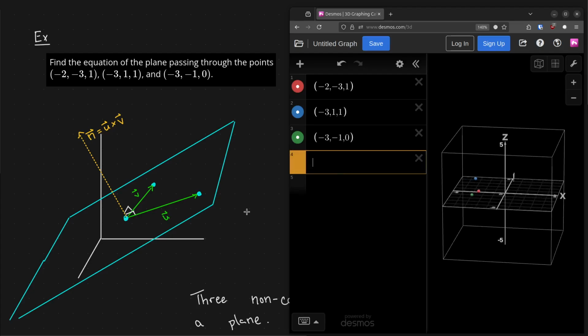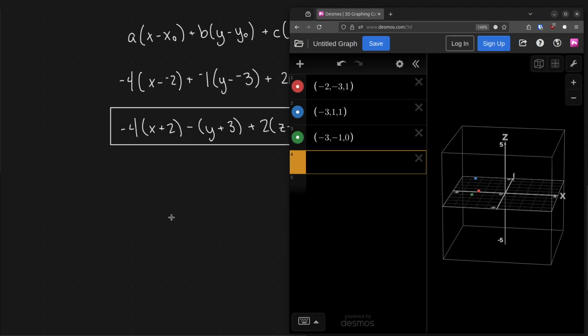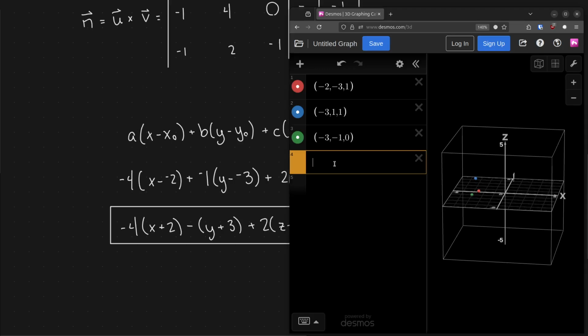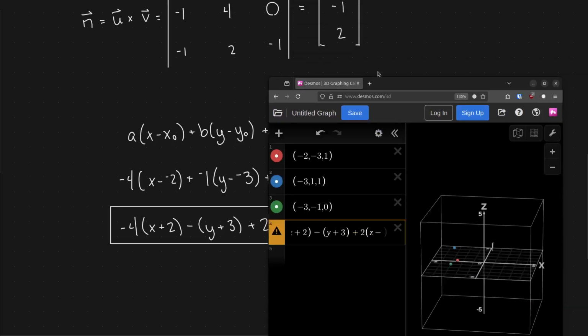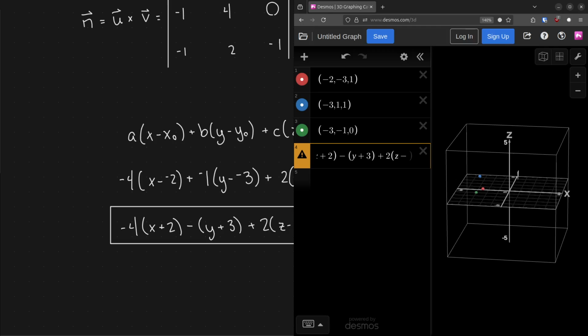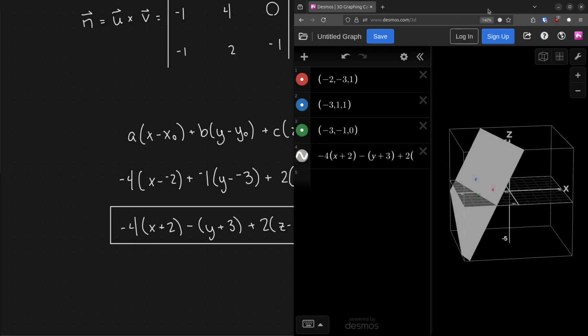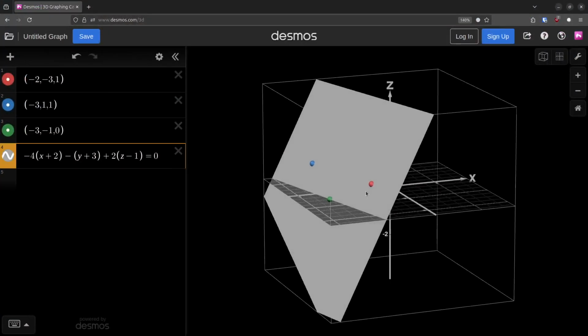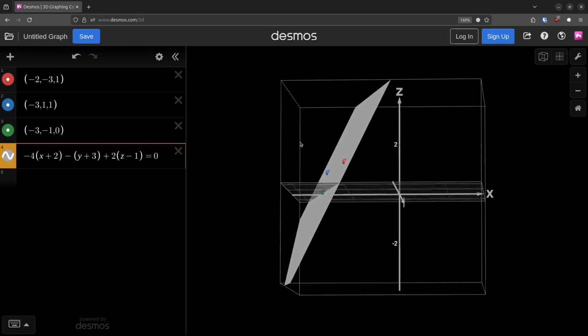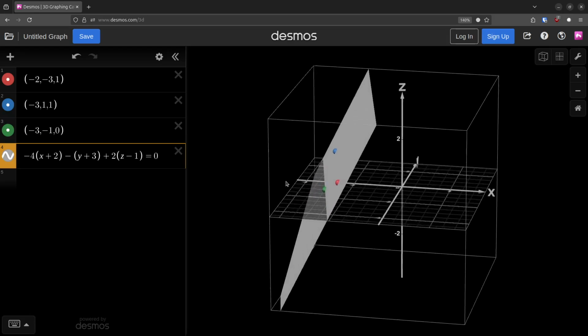And our plane is -4(x plus 2) minus 1 times (y plus 3) plus 2 times (z minus 1) equals 0. And we could see that our plane does indeed pass through all three of those points.